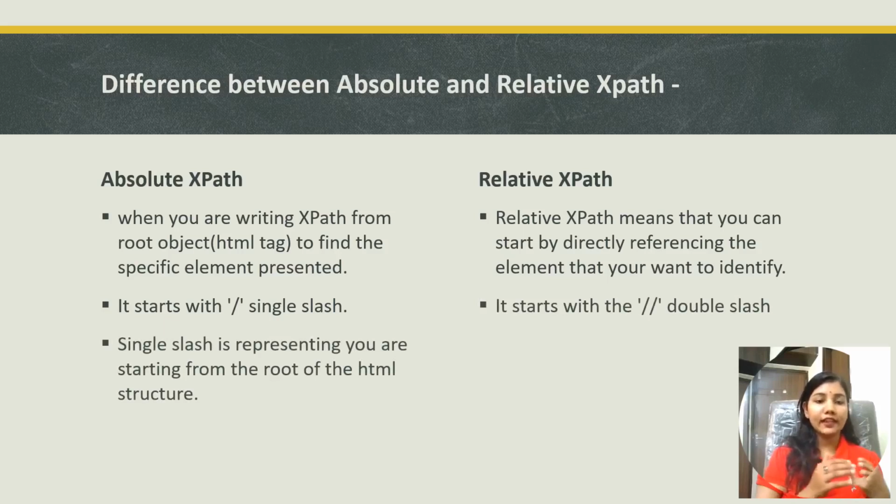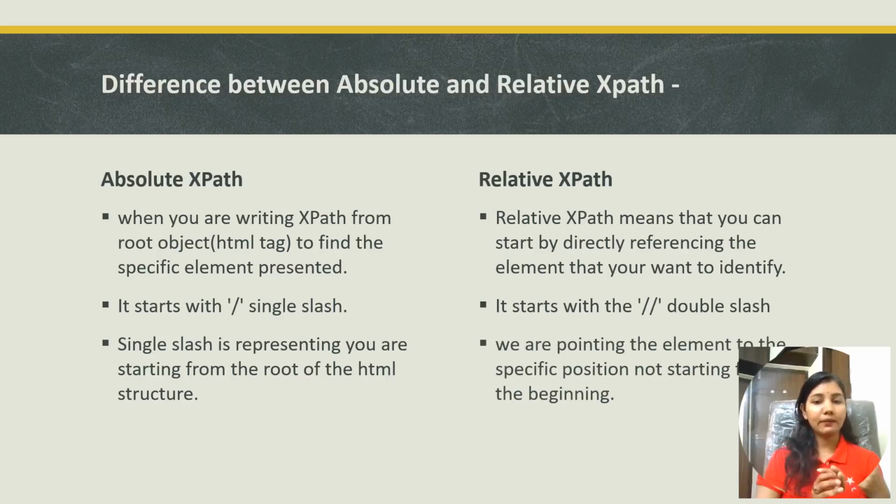In absolute XPath, a single slash represents starting from the root of the HTML structure, and in relative XPath we are pointing to the element at a specific position, not starting from the beginning. Absolute XPath looks like HTML body header, whatever tag names are present in that path. And relative XPath looks like a formula: starting from the double slash, tag name, attribute, and the value of the attribute.